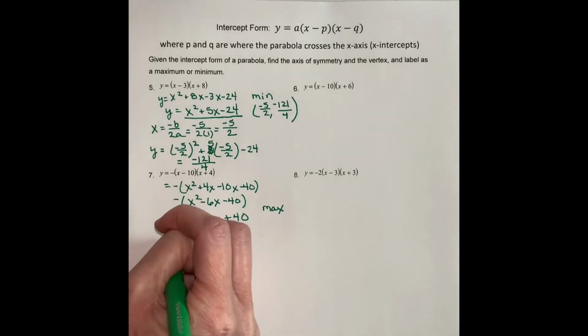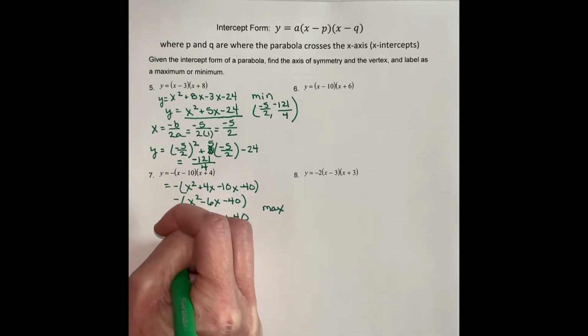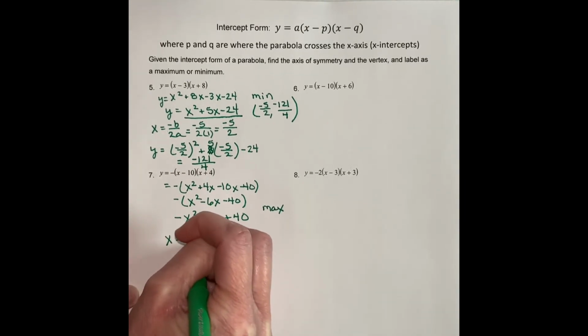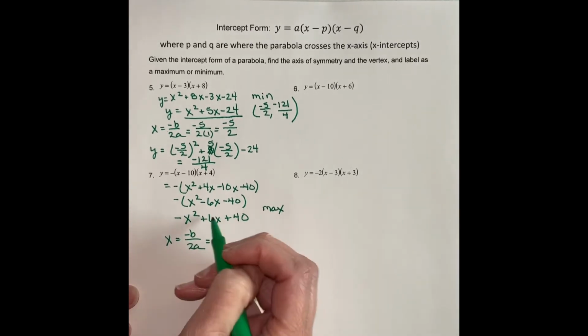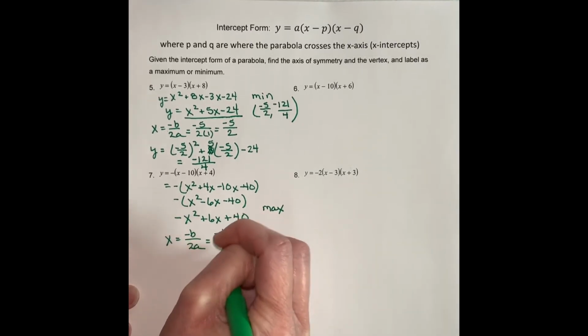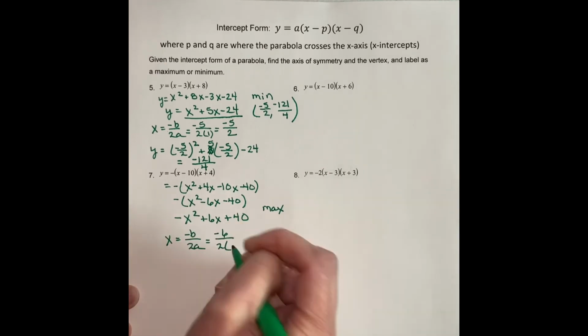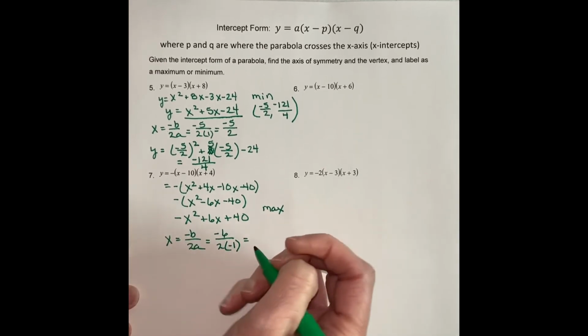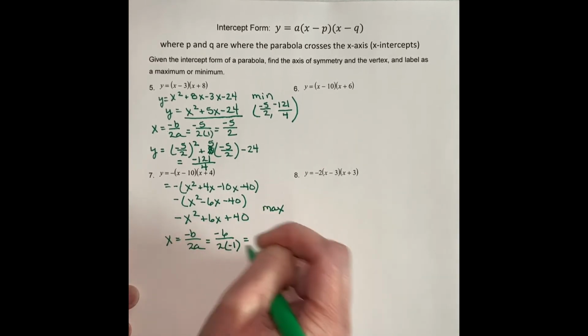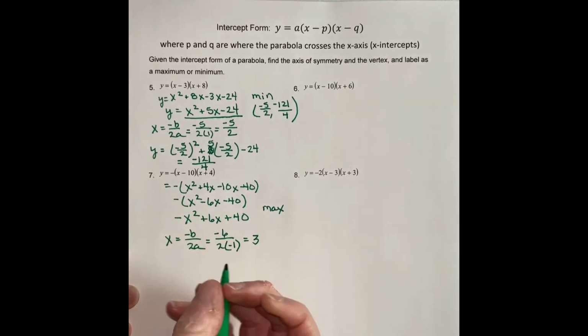And now let's use our formula. Negative b, negative 6, 2 times negative 1. That's negative 6 divided by negative 2, so that is 3.